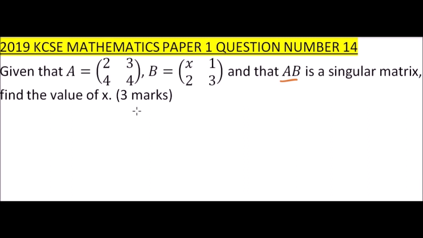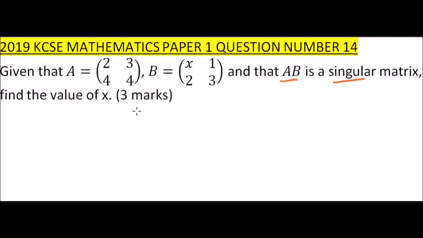The other one is, what is a singular matrix? Then finally, we should know the determinant. A singular matrix is a matrix whose determinant is equal to 0. So you should know how to get the determinant of a matrix.